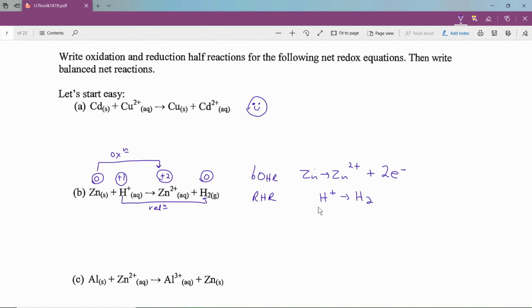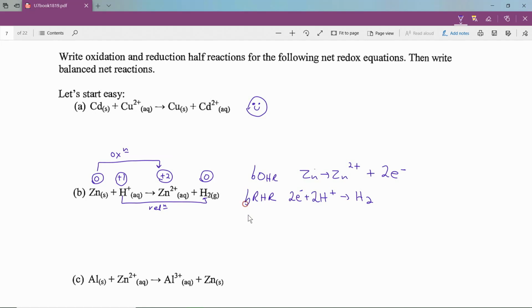And then I have a reduction half reaction. I got a hydrogen there. I got 2 hydrogens there, so I'm going to put 2 H pluses. So now those are balanced, and I'm going to have to balance for charge, so I'm going to put 2 electrons because the right hand side, with the reduction half reaction, there is no charge on it, so I have to have no charge on the other.